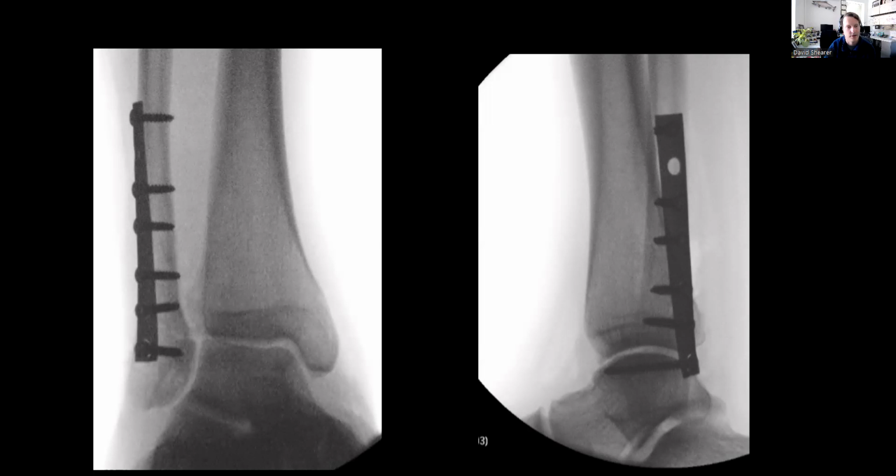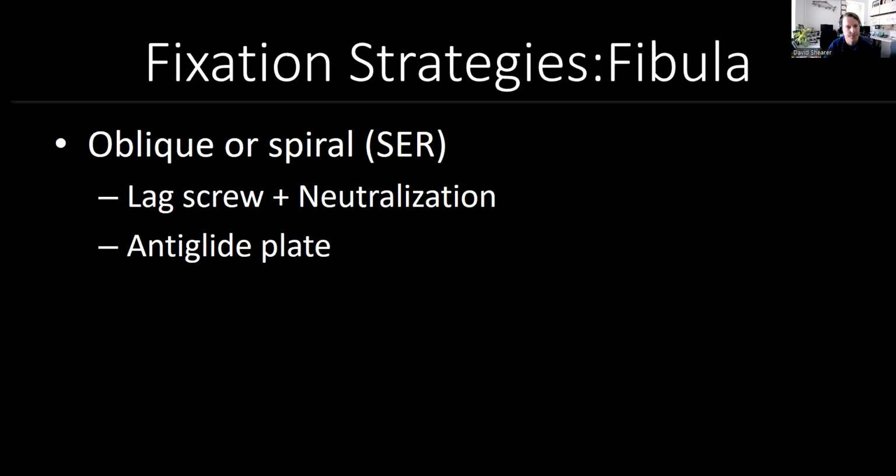Otherwise, the plate can sit off the bone and cause irritation of the peroneal tendons, which is one of the criticisms of this approach. However, in my opinion and experience, this is my preferred technique, and with practice and taking the time to get a good plate contour, this is a very useful technique.